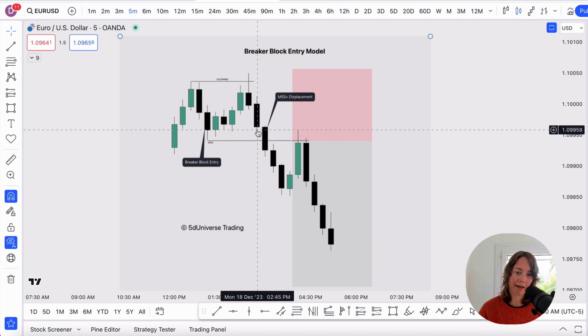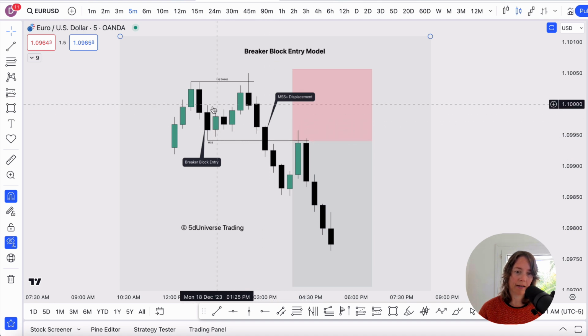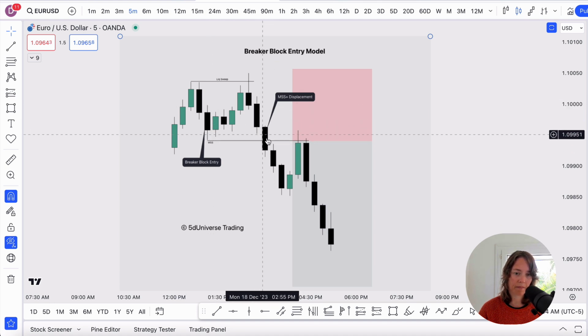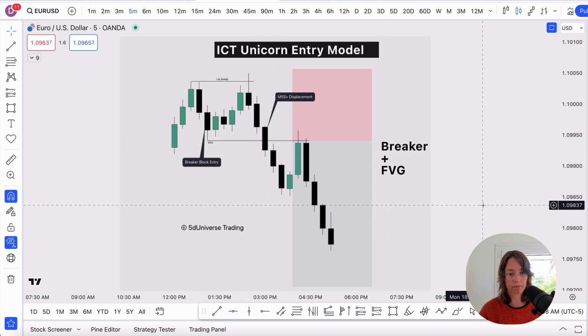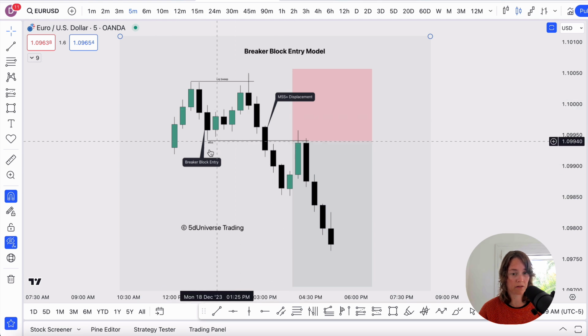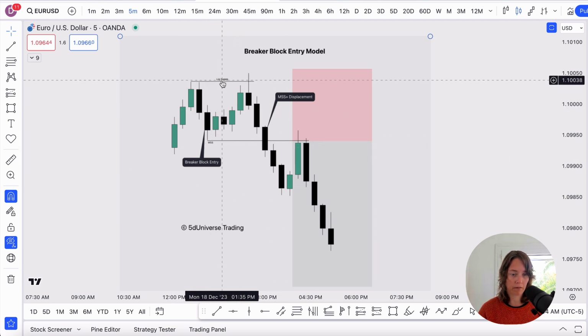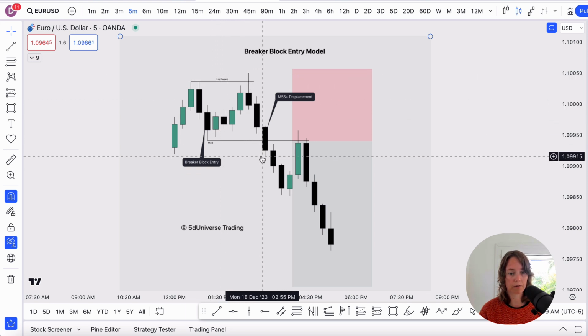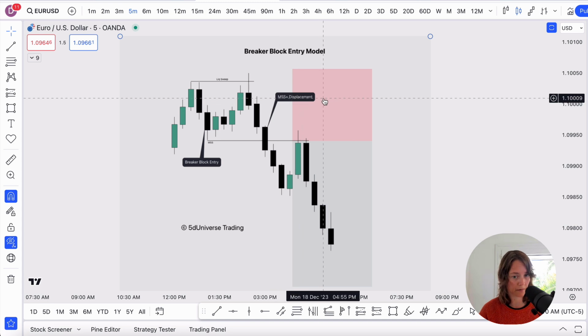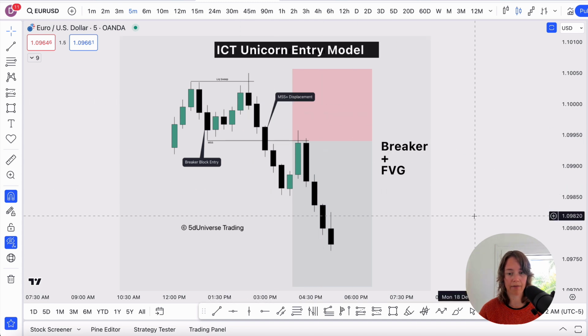And if we get a fair value gap right in that breaker block, that makes it a unicorn entry model. So really simple model, but it's really important that you have the liquidity sweep and you get the market structure shift with displacement. Otherwise, it's not a valid entry.